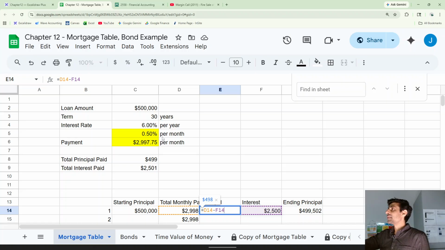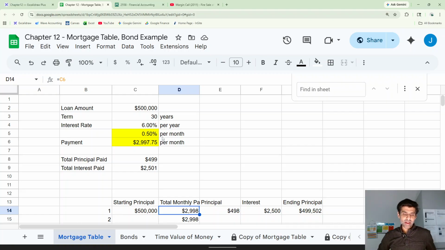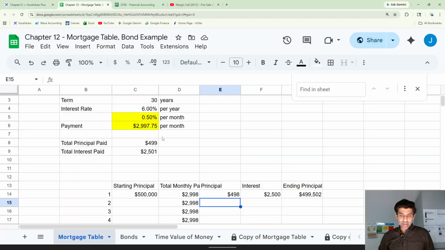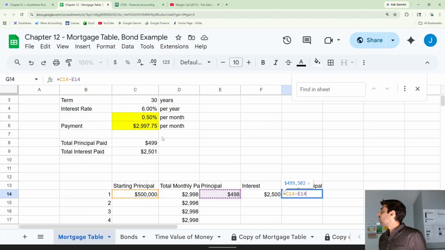Does that make sense? So now we perfectly have split this $2,998 payment between principal and interest. Okay, the starting principal and an ending principal. What is that? All it is is the starting principal minus just the principal portion, not the total payment, right? The only amount that the mortgage balance is going down is by how much of the payment is principal.